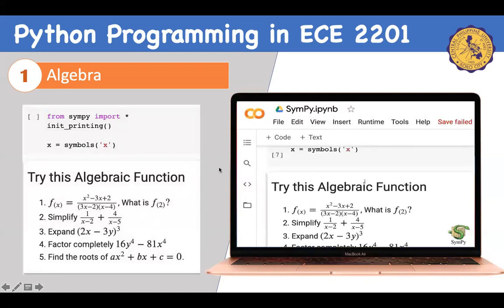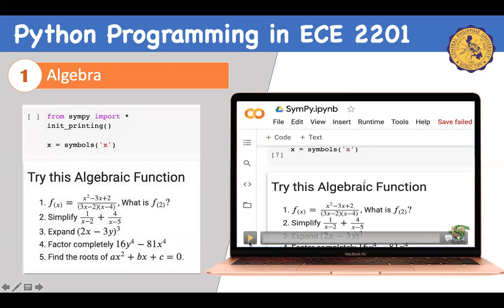Our first problem is to solve for the value of this fraction when x equals 2. For problem number 2, we are going to simplify this fraction, then expand this binomial, then factor out this square of a binomial, and then solve the value of x in this quadratic equation.